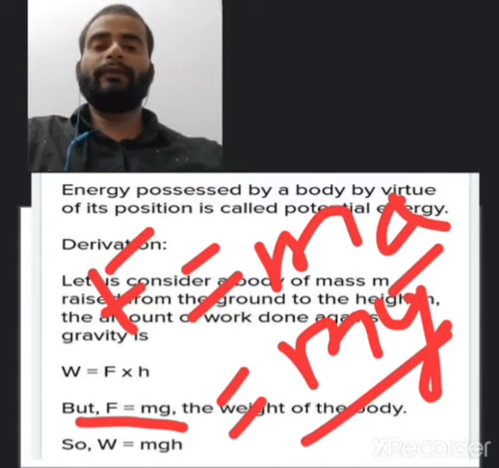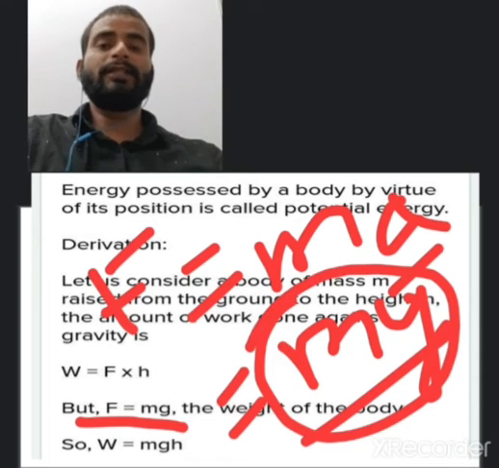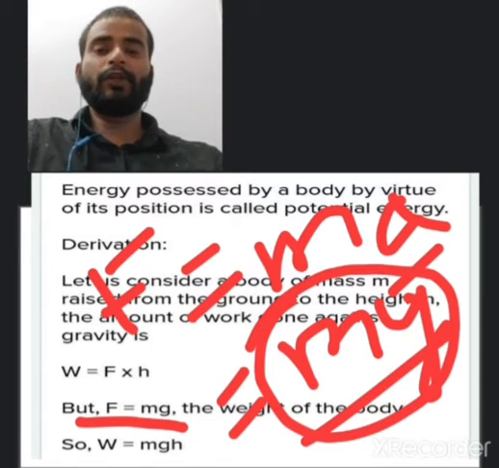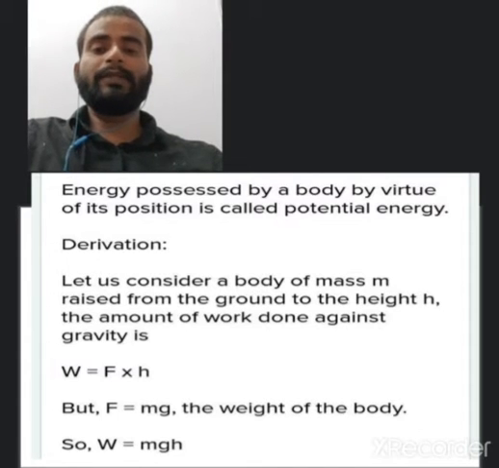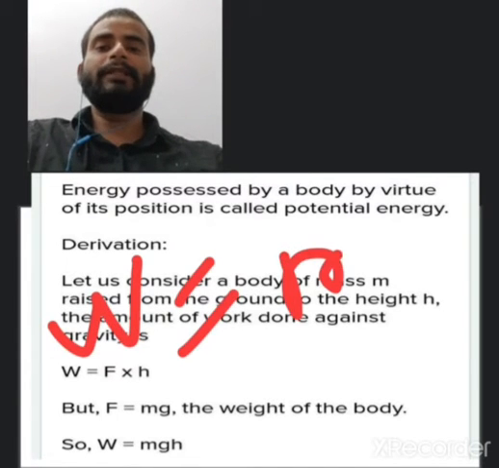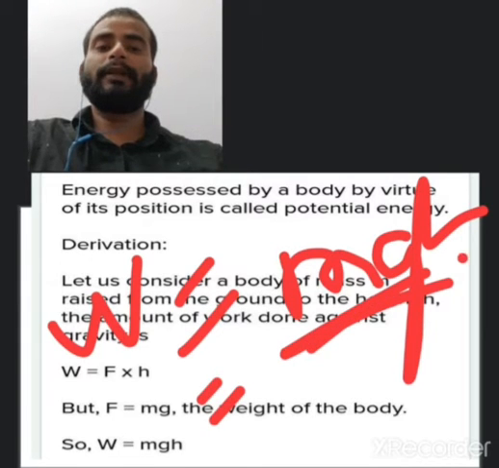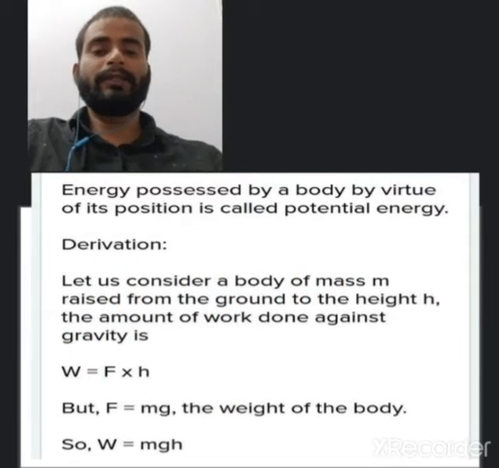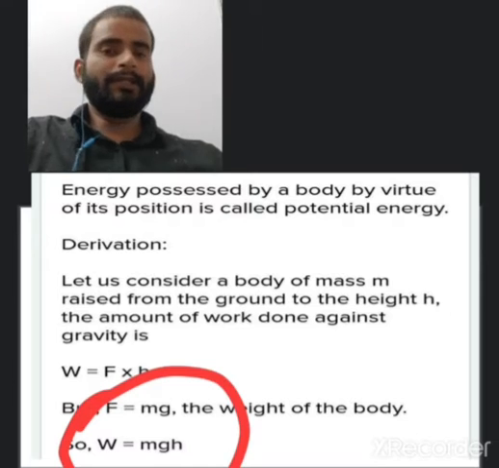So force F will be equal to mg, and this mg is the weight of the object, the weight of the body. So here we can write W is equal to mgh. Because in place of F we can write mg, and h is already here. So it is very simple to find W is equal to mgh.